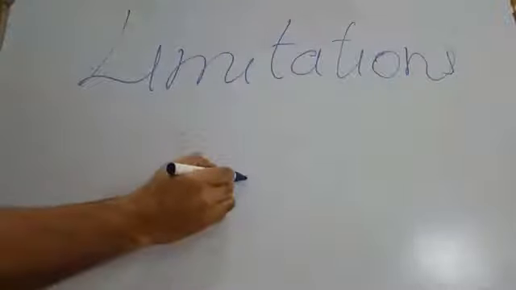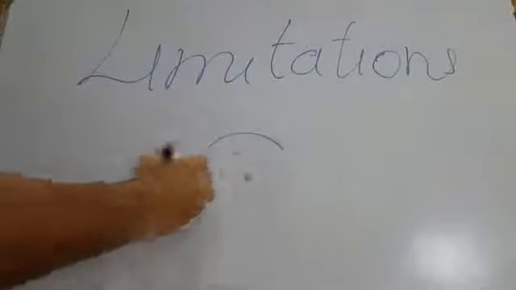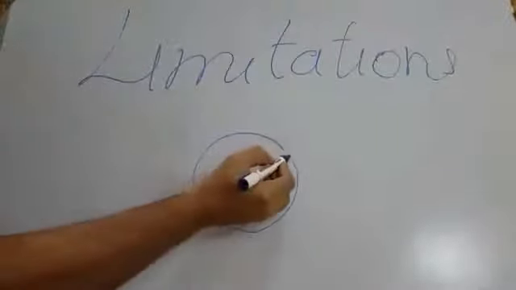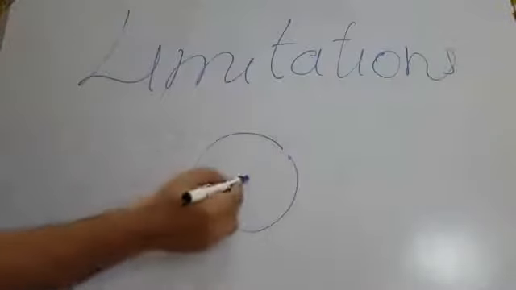Now let us discuss the limitations of Bohr's model. Bohr's calculation could only explain the spectrum of the hydrogen atom, or single-electron species.